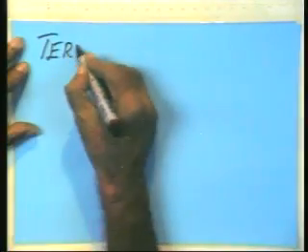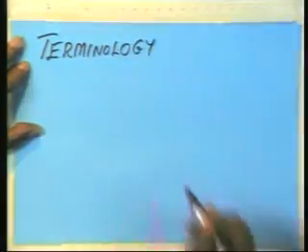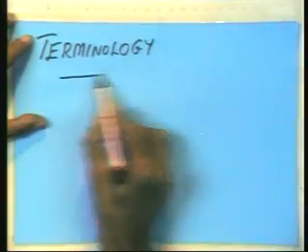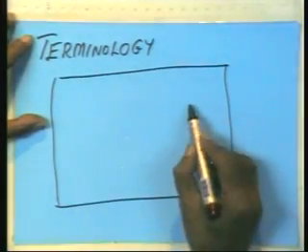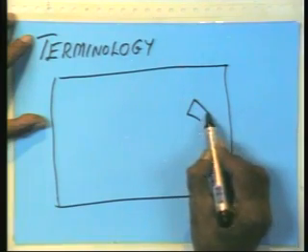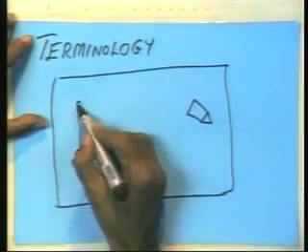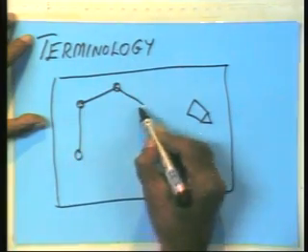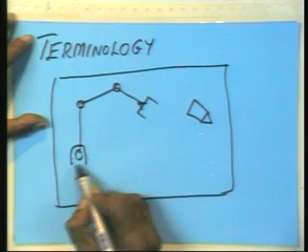Now, I'll introduce a few more terminologies which you will require as you go along. There is a table on which some objects are sitting, and the robot is also sitting on the same table. Again planar, just for the sake of understanding.